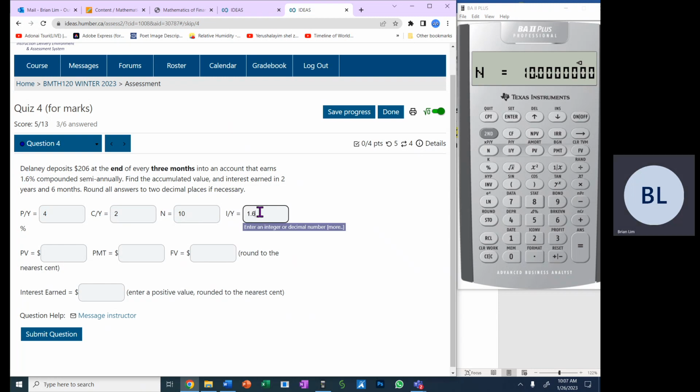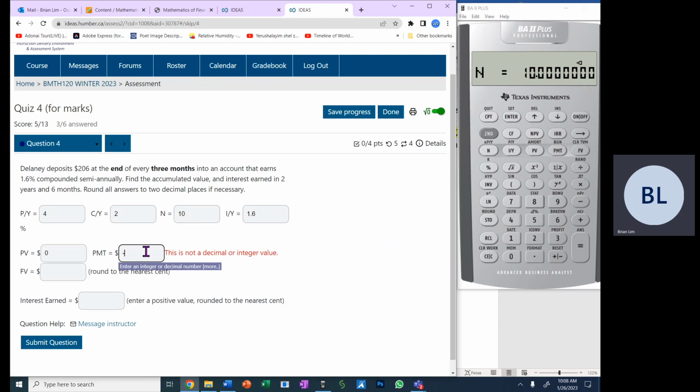All right, the present value is 0 because there's nothing there to start. And then the contributions begin, the deposit of $206 at the end of every 3 months. Because it's leaving the possession of the person who is depositing it, the money is going out.